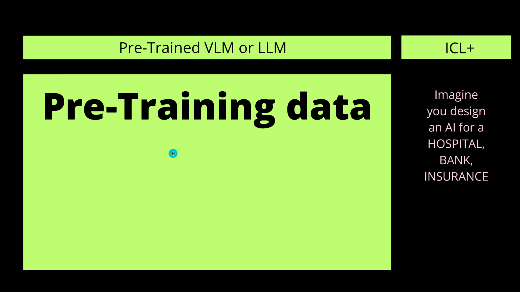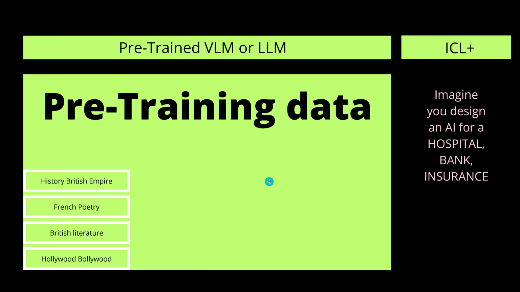Because you know what we have in those huge monster LLMs and vision language models? We have almost a complete knowledge of the internet. We have the history of the British Empire. We have all of French poetry. We have the complete British literature from the 11th century on.